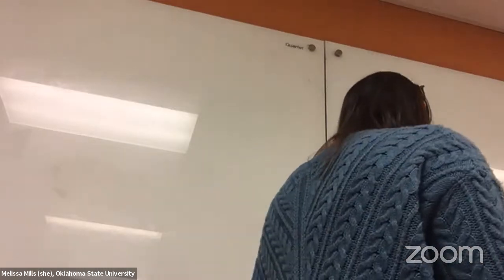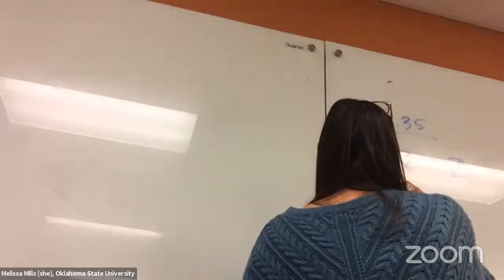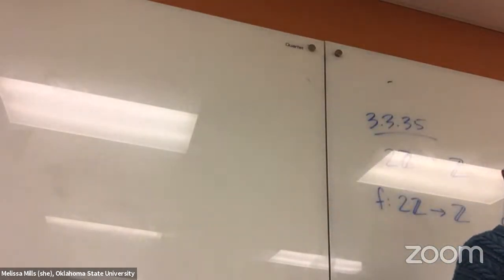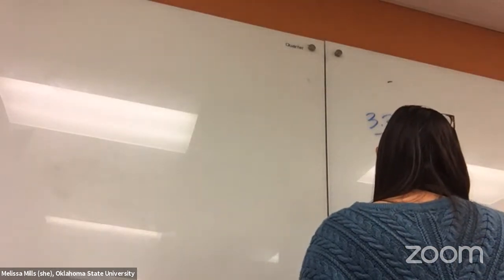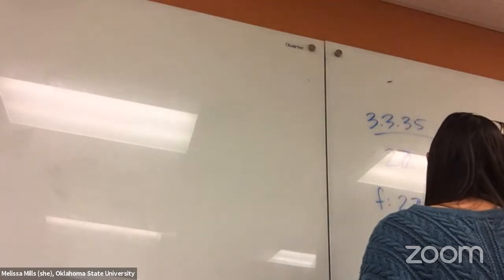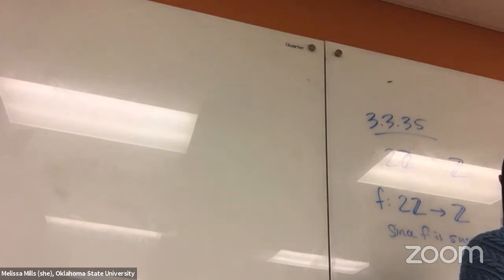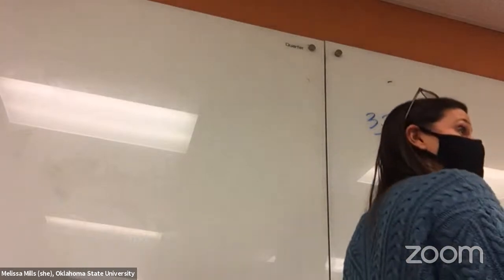I did something different. What if I have a map from 2Z to Z, and let's assume that F is an isomorphism. Since F is surjective, there exists some A in 2Z such that F of A equals 1. So there's something that maps to 1.